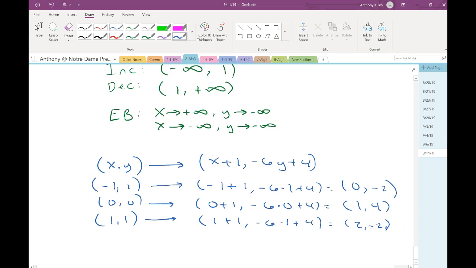Everybody okay with how I'm generating these points here at the end? It's an important skill to have. Notice that I'm using that formula each time to do it. That's definitely something good to have memorized, because every time you graph, you're going to be using that same formula over and over and over again, not just in this chapter, but for all of our chapters moving forward.